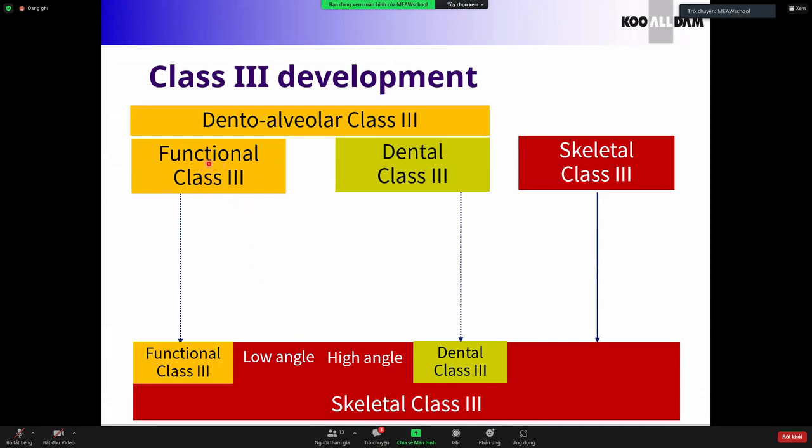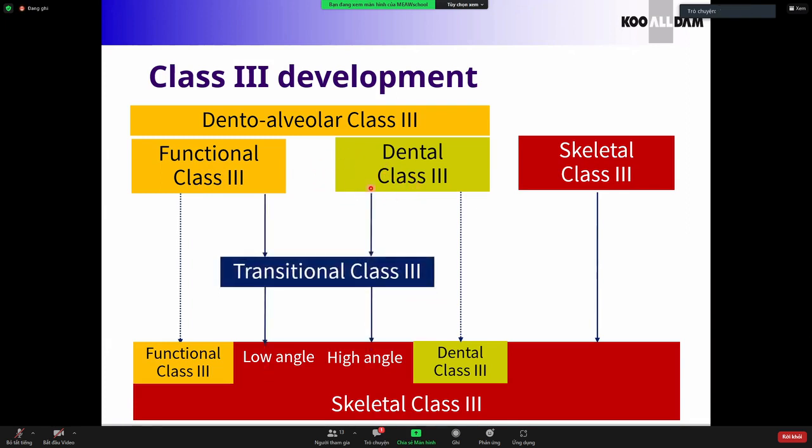Especially in functional class 3 and dental class 3, these malocclusions change to transitional class 3 and finally may change to skeletal class 3. Functional class 3 changes in the low angle class 3. Dental class 3 changes to high angle class 3.